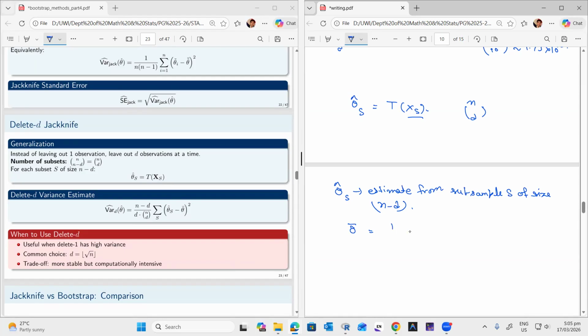And theta bar here is 1 upon nCd, summation over S of theta cap S, the average of all subsample estimates.